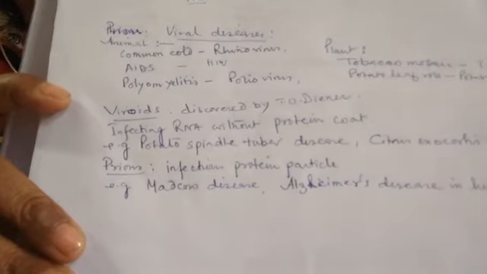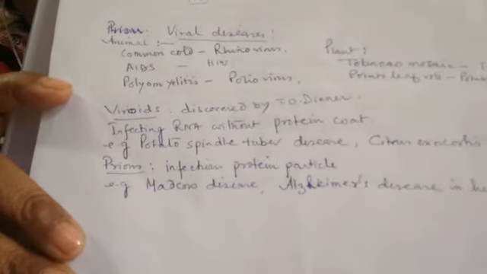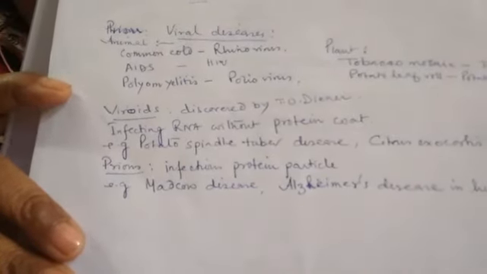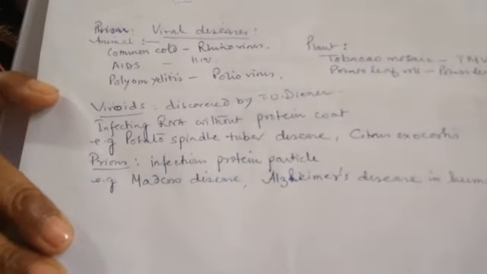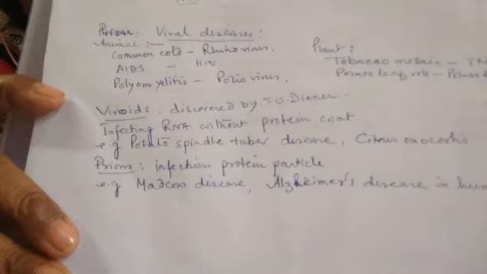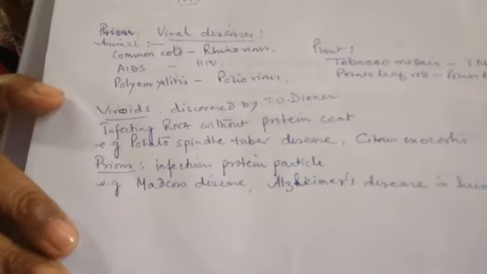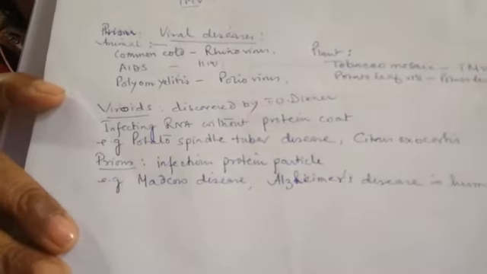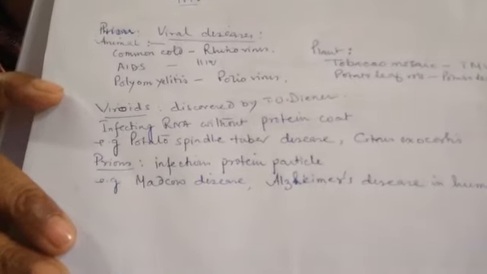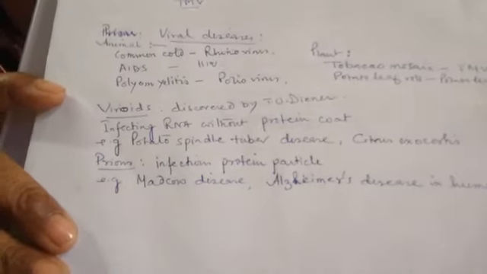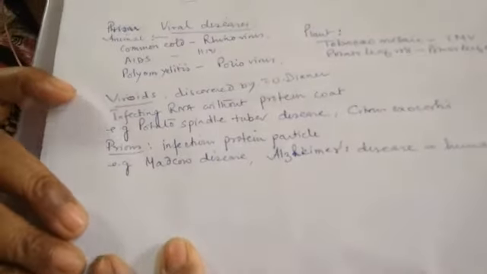Viroids are simply infectious RNA without any protein coat. Simply infectious RNA only, without the protein coat. So these are called viroids. Now there are many diseases which are caused by viroids, like potato spindle tuber disease, which is caused by viroids.